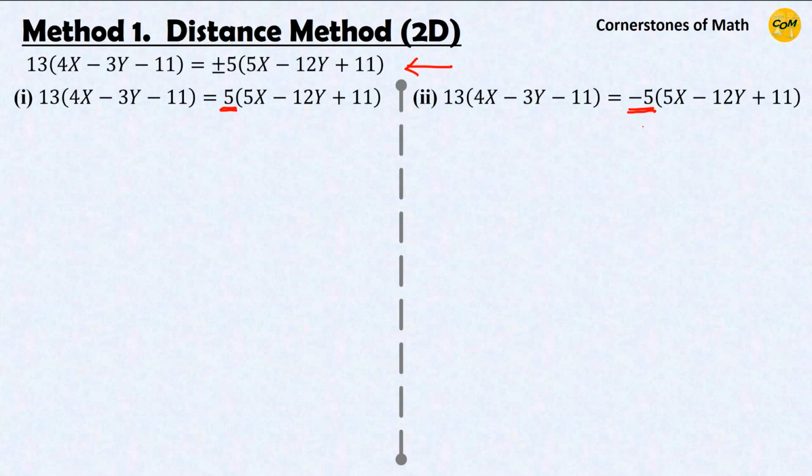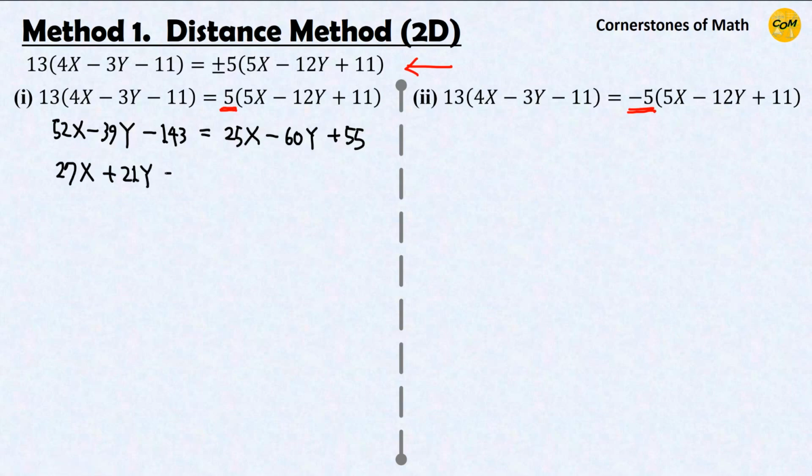For the first case, we have 52x minus 39y minus 143 equals 25x minus 60y plus 55. So by moving everything to the left-hand side, we have 27x plus 21y minus 198 equals 0.